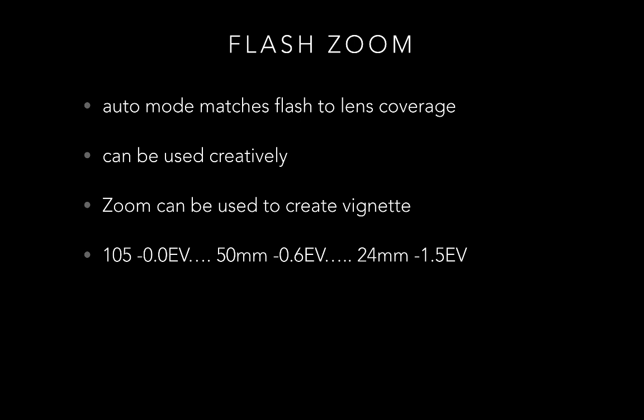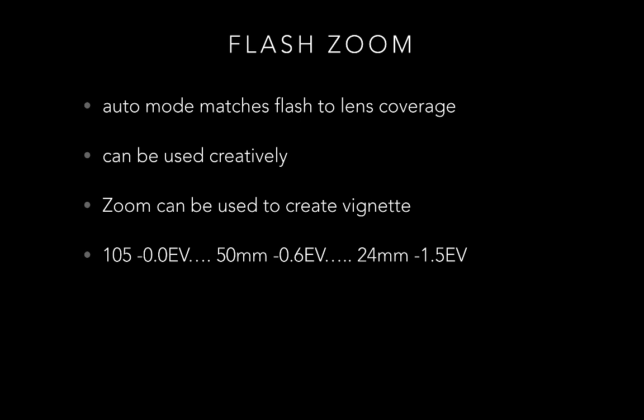Again, zooming in and out does lose light because, much like the inverse square law, as you concentrate that light in a smaller area, that smaller area becomes more brightly illuminated. So if you're at 105 millimeters, which is the maximum zoom that most flash heads will do, that's your baseline. That's a full exposure.